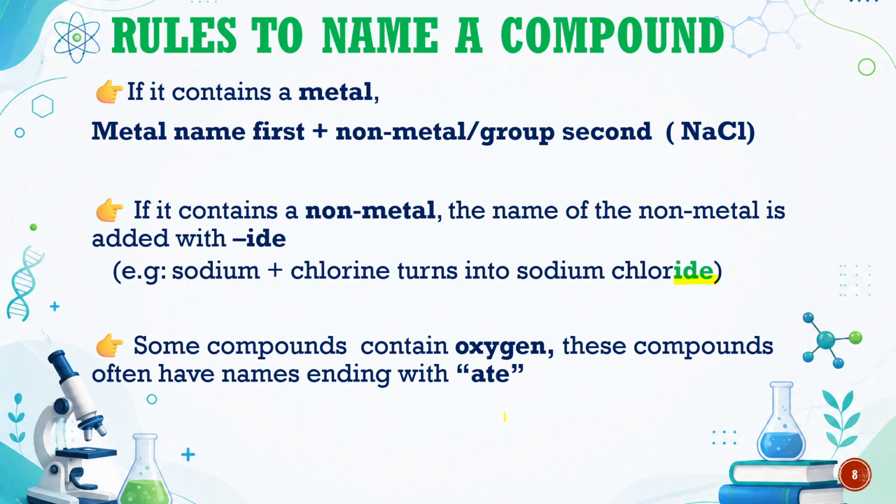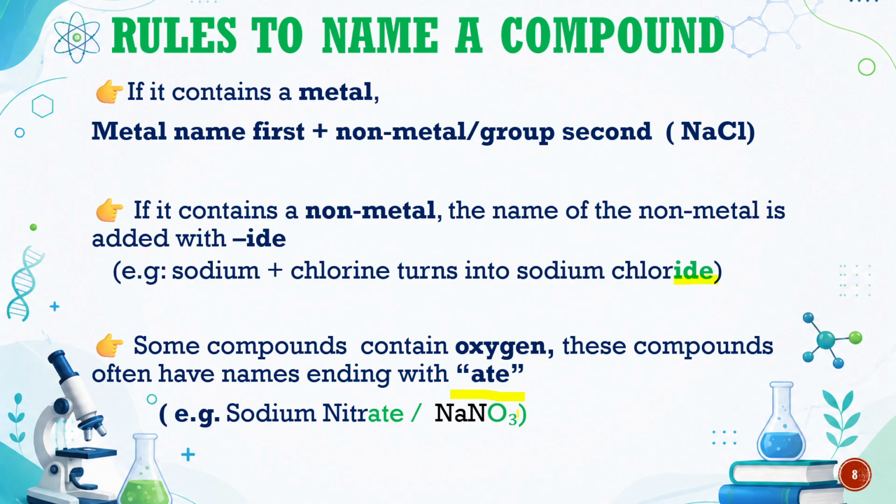Some compounds contain oxygen. These compounds often have names ending with -ate, like sodium nitrate. So if a compound is formed and one of its elements is oxygen, then the chemical name of the compound ends with -ate. For example, sodium nitrate, which has sodium, nitrogen and oxygen.